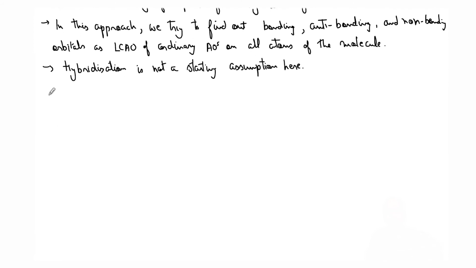So what is the approach? I'll just give you a brief approach, and then we'll write down step by step, and then again we will take the beryllium hydride example so that we can compare it with the localized MO approach.